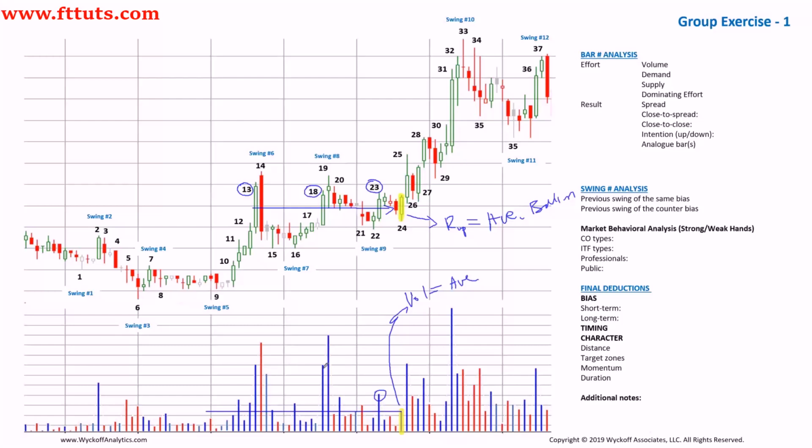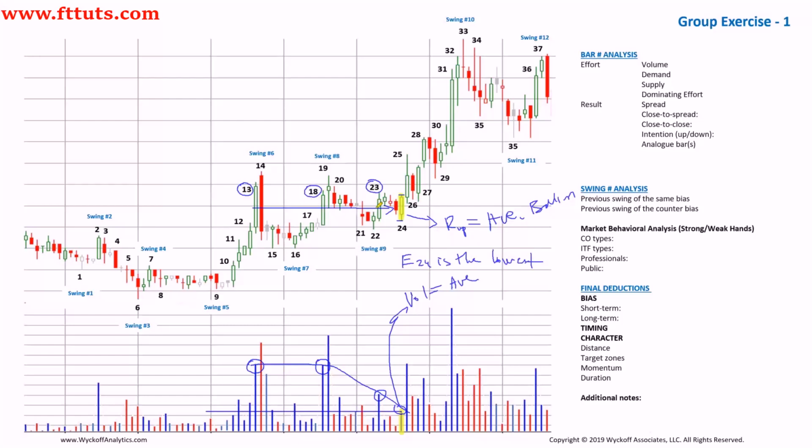But then there is a very interesting, significant development here with the volume signature. Look at how the effort is so low, and yet we are capable of producing almost the same result as at 24. Again, effort on bar number 24 is the lowest among all of these bars.